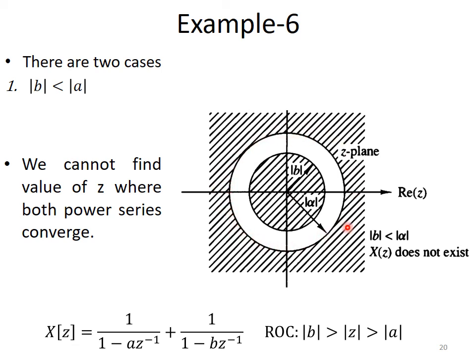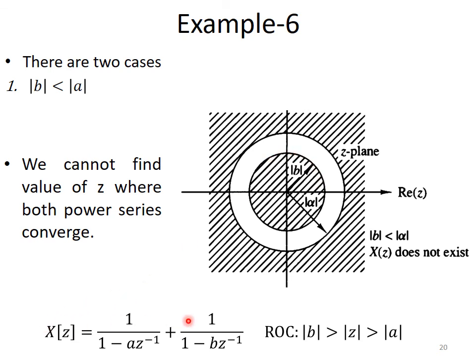So for example, this one is a bigger circle of radius magnitude a, and the region of convergence for this part is outside this circle. Similarly, the region of convergence for the non-causal part is the interior of the circle having radius equal to magnitude of b, which is this smaller circle.